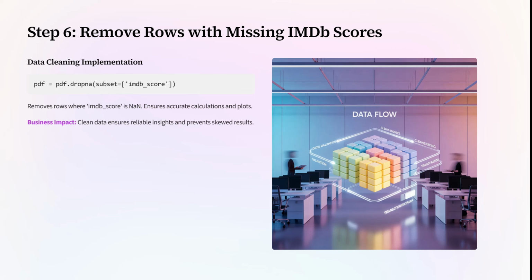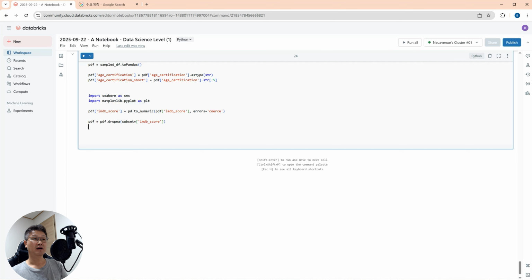Step 6 is to remove rows with missing IMDb score. The Python code is like this. What it does is remove the rows where the IMDb score is None, meaning null, so that our average calculations and plots are accurate and only include valid scores.